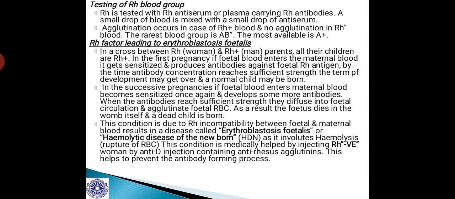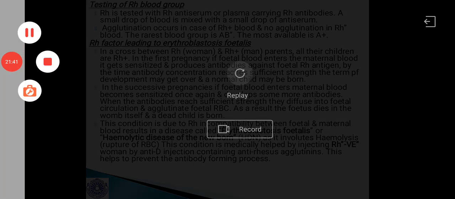Thereby we can prevent the death of fetuses in subsequent pregnancies. So this is brief information about erythroblastosis fetalis, a condition caused by Rh factor. So this is the introductory aspect of this topic.